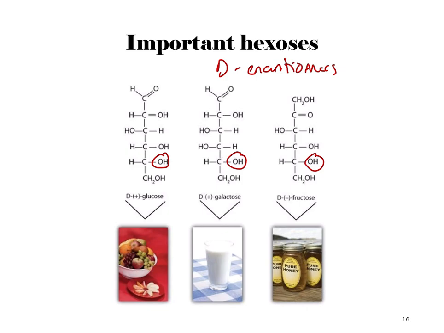And they're aldohexoses, because they both have 6 carbons in their chain. And then fructose is what? A ketohexose, because this is a ketone, and the other two are aldehydes.